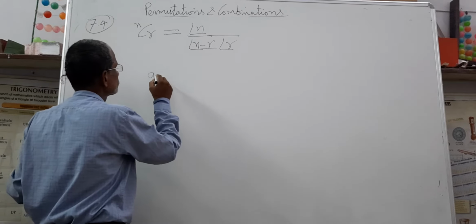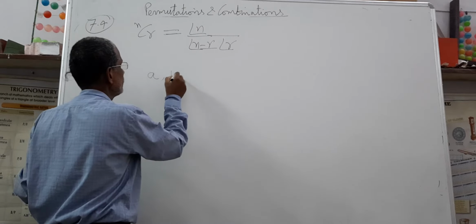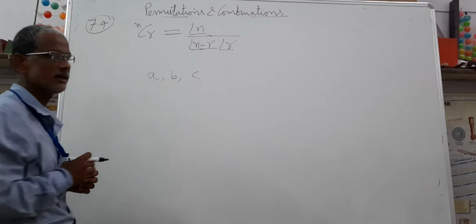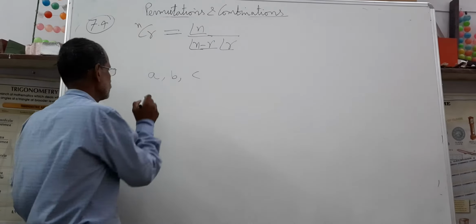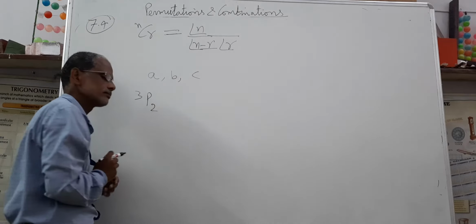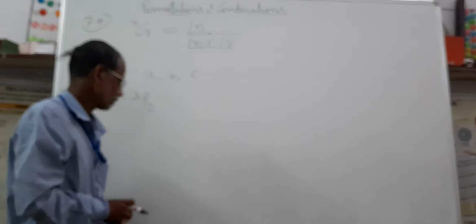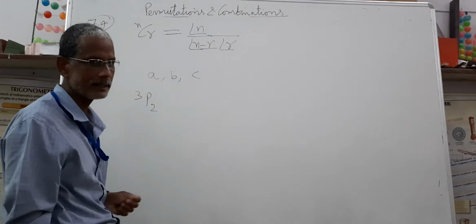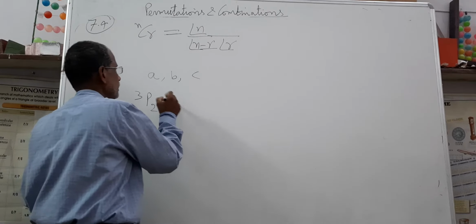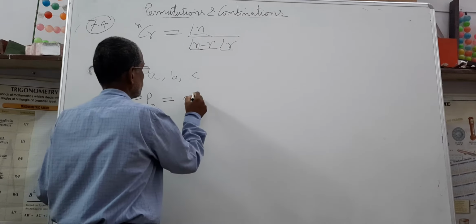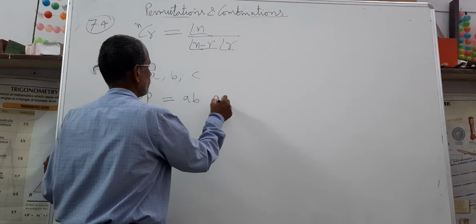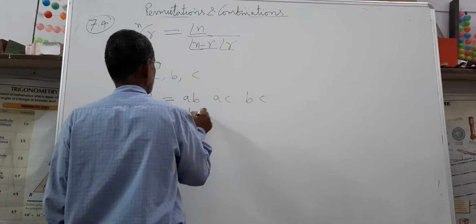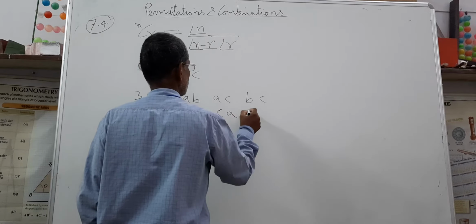If there are three letters A, B, C, total number of things are 3, then 3P2, arrangement of three things taking 2 at a time, will be equal to AB, AC, BC, BA, CA, CB.